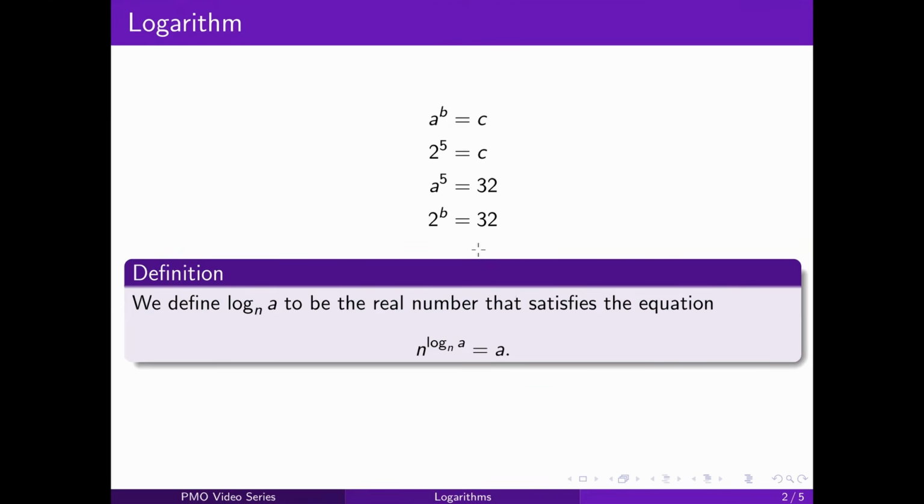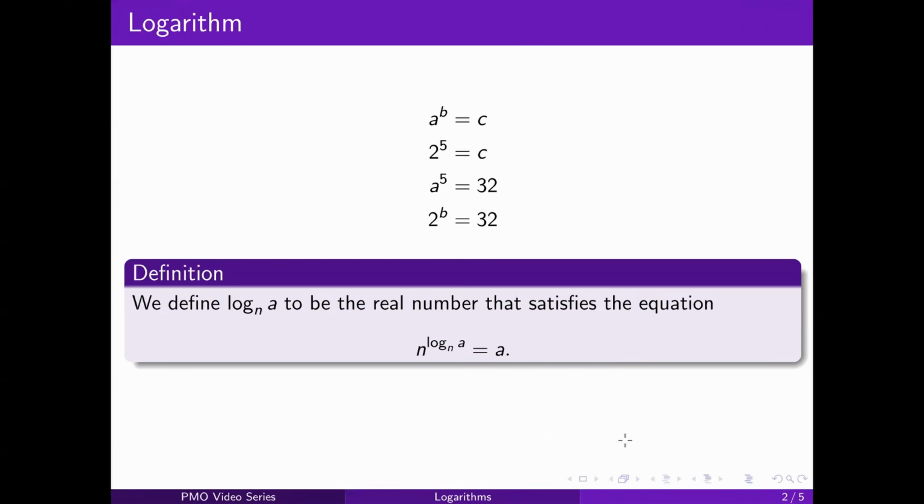So logarithm of a base n is the unique real number which satisfies n raised to logarithm of a base n equals a. Or another way to think about this is if the logarithm of a base n is equal to x, this is equivalent to saying that n raised to x should be equal to a.